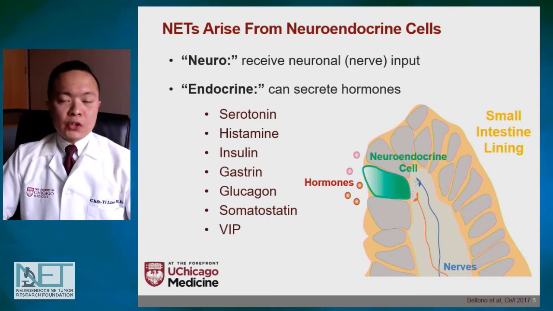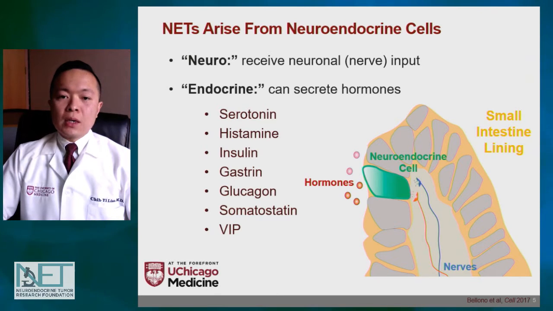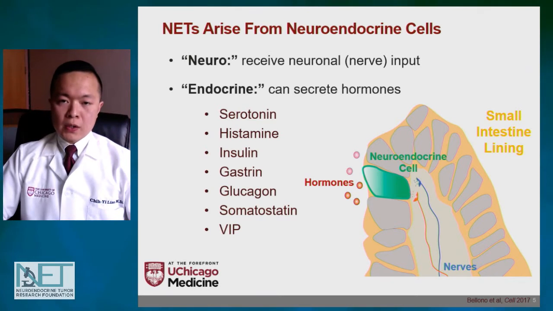Neuroendocrine tumors are tumors that can arise from neuroendocrine cells. These are cells found all over the body, and the name neuroendocrine refers to the fact that, for neuro, these cells can receive neuronal or nerve input, and endocrine means that these cells can secrete hormones.